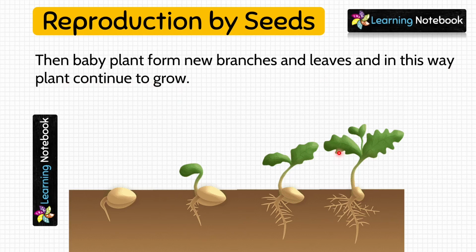Like here, the baby plant has now more leaves and has formed new branches, and this plant will continue to grow. So in this way, a plant is reproduced by a seed. So seed is very important for plant reproduction.